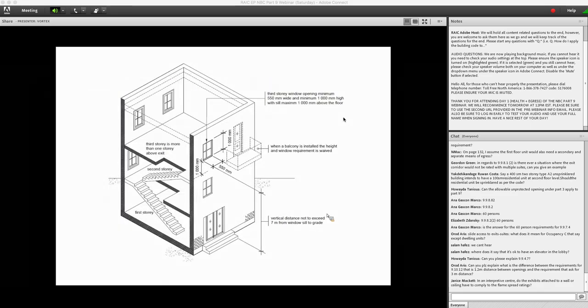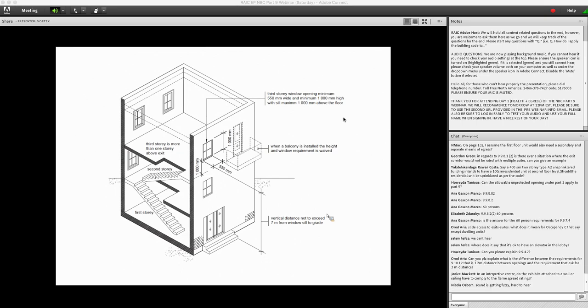So egress from dwelling units is in subsection 9.9.9 of the code.